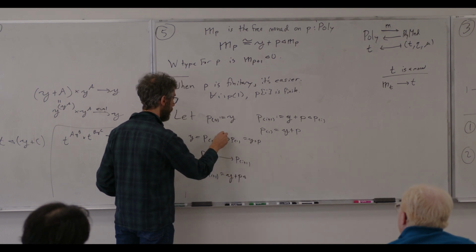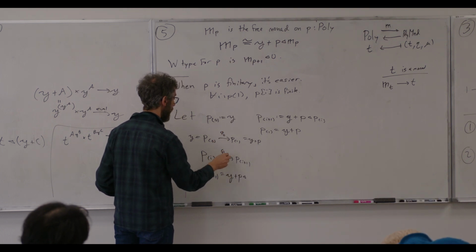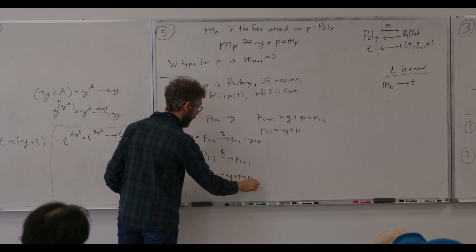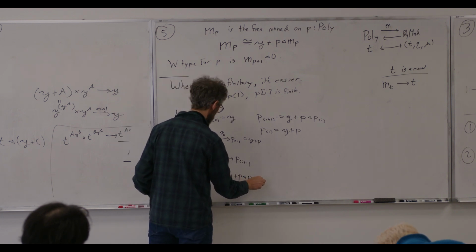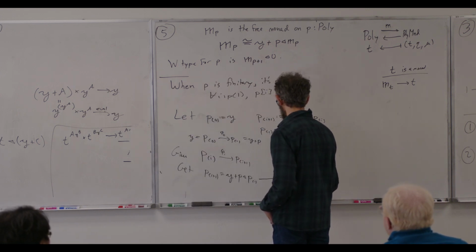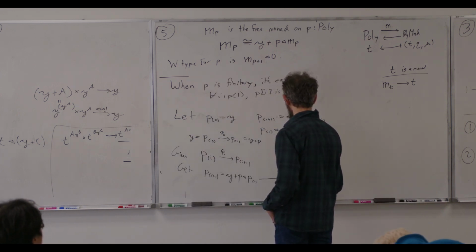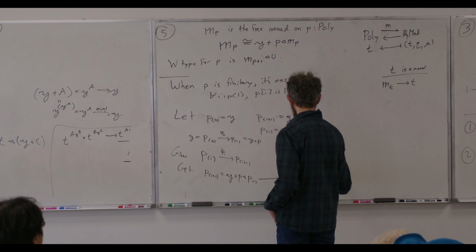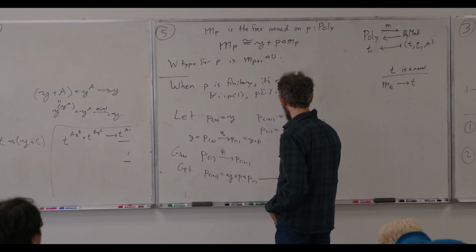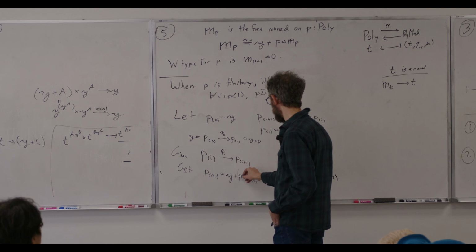So if this is phi 0, and we have now phi I, and we have y plus Pi, we need a map to y plus P composed Pi plus 1, because that's Pi plus 2. Any guesses on how to get this map?